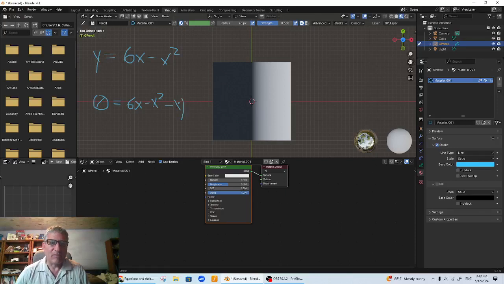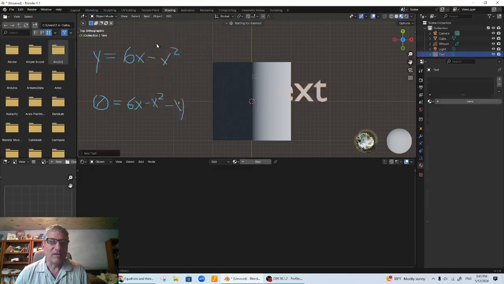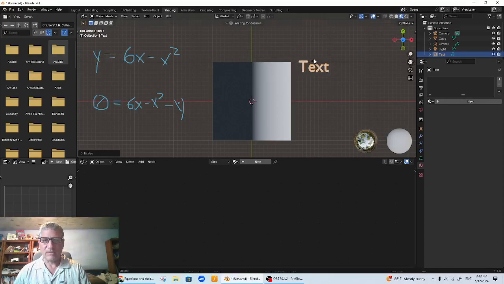And then we want to use PEMDAS. Let me add some text here because sometimes writing with a mouse is really uncomfortable. So go back to object mode, and I'm going to add a text object and move it over and shrink it down and edit it.